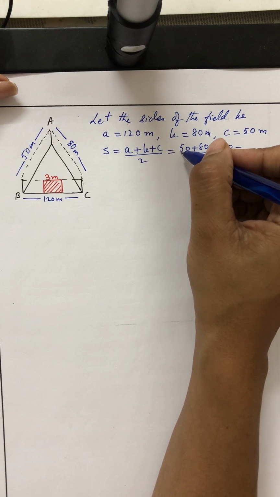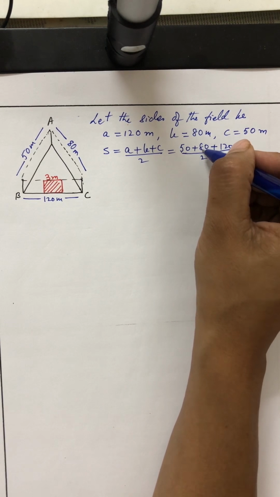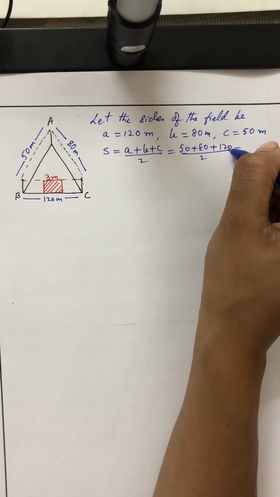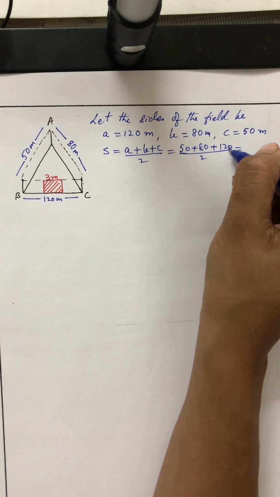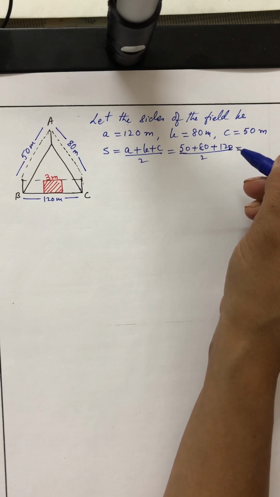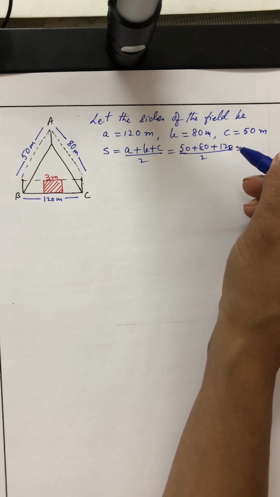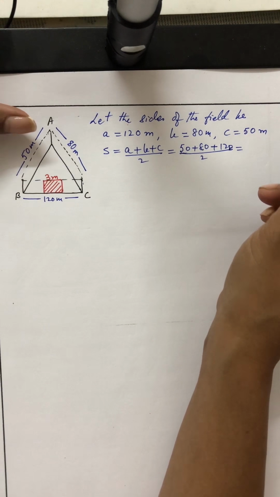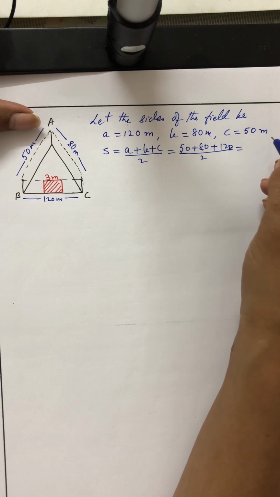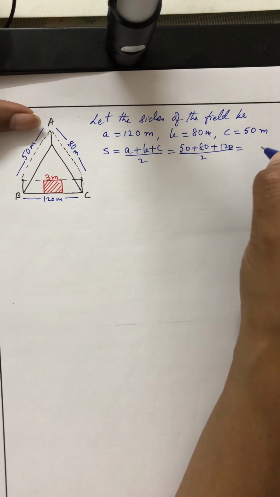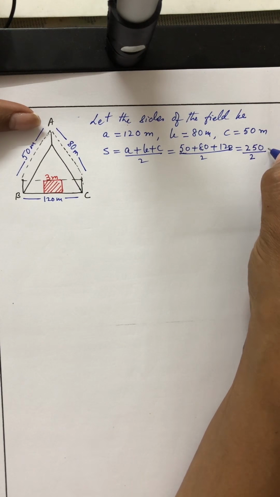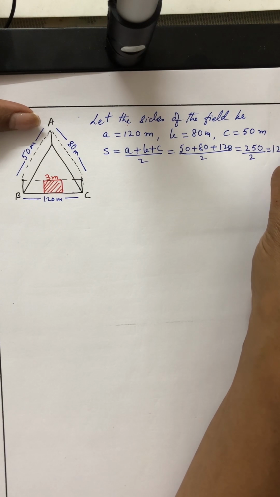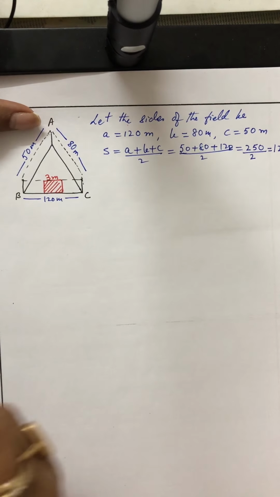I didn't write 120 first. I wrote 50, then 80, then 120. So the order I followed is C plus B plus A. You know addition is commutative, so it's not going to make a difference whether I write it 120, 80, 50 or I write 50, 80, 120. The answer is going to be the same, because addition of numbers is commutative. So I get 250 as the total out here by 2, which gives me 125 as my semi-perimeter.